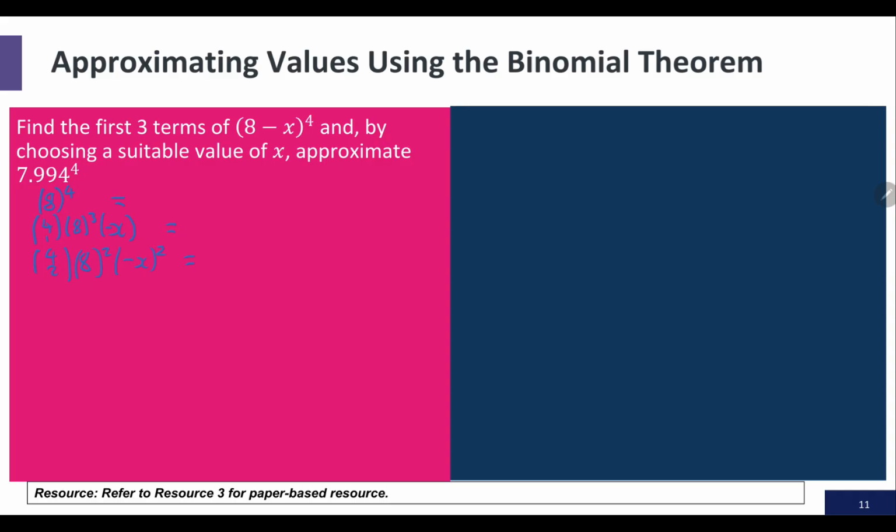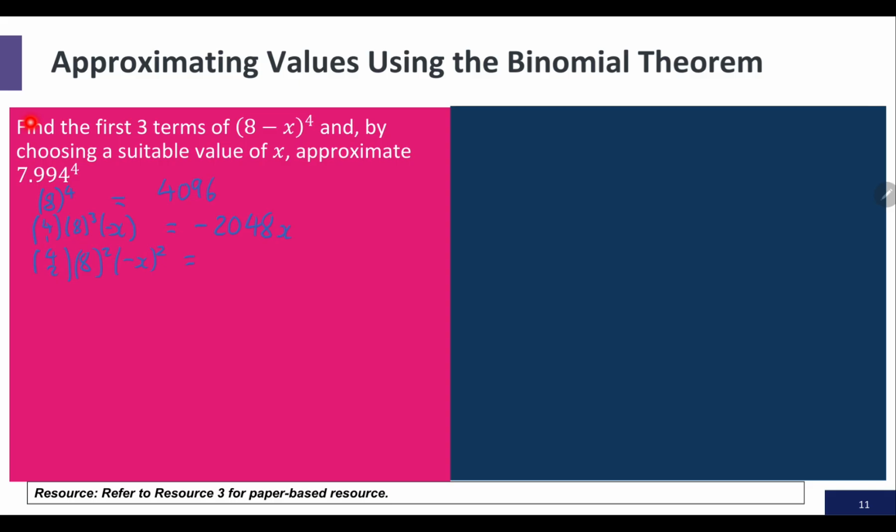So 8 to the power of 4, I'm on the calculator, is 4096. The next term, we've got 4 choose 1, which is 4, multiplied by 8 cubed, multiplied by minus x. That's going to be minus 2048x.